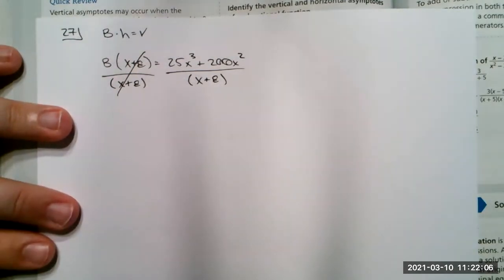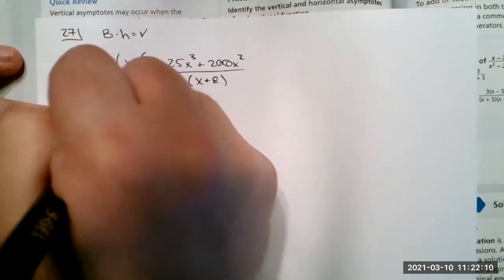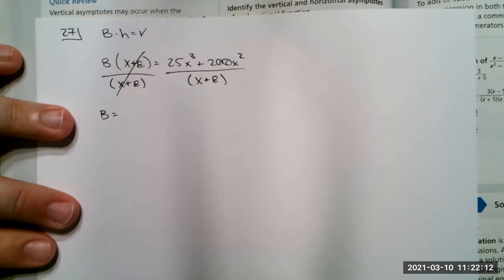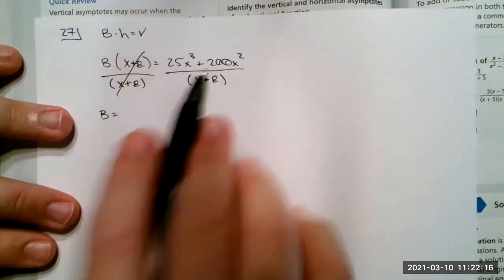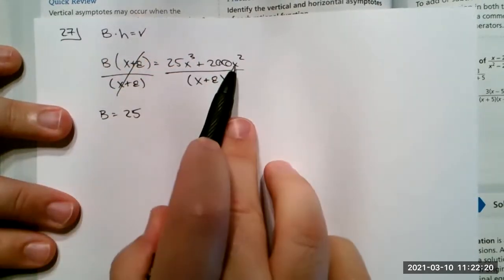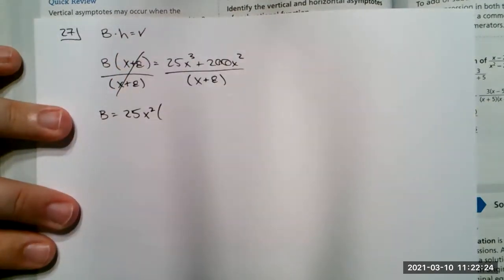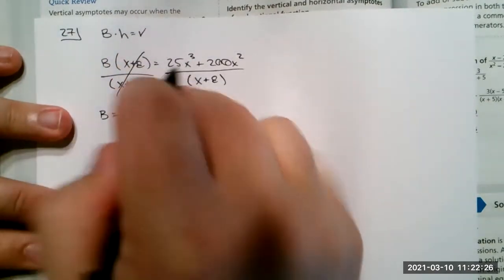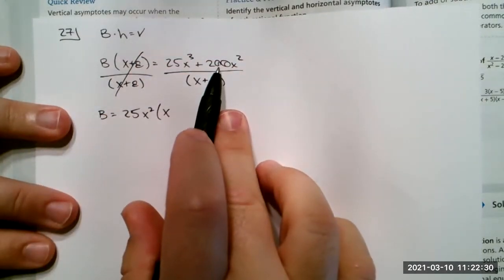When I go to rewrite this, I'm going to take out some GCFs and simplify this a little bit. So the area of my base is going to be, I could take a 25 out. That has 3 x's, that has 2 x's, so I can also take out 2 x's. What's left over is just an x. 200 divided by 25 is 8.